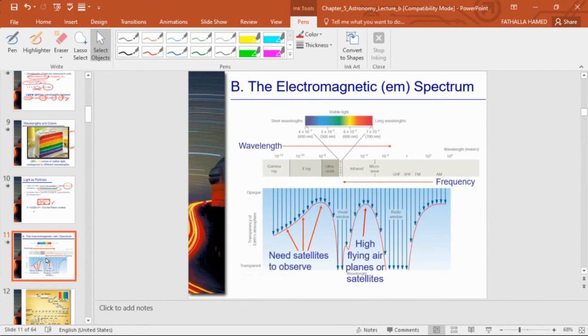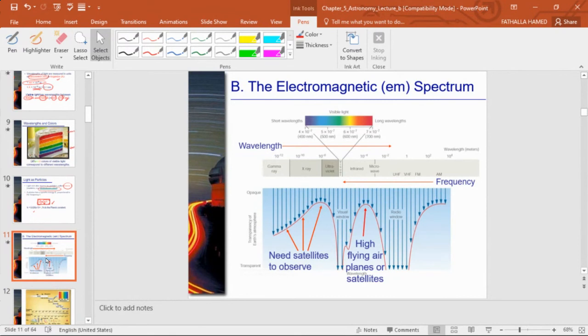And now every hospital that you visit has X-rays, and they use these to see the status of your bones and so on. So we have a host of electromagnetic waves. All of these electromagnetic waves travel at the speed of light, and they're composed of tiny particles, photons, but they travel like waves.